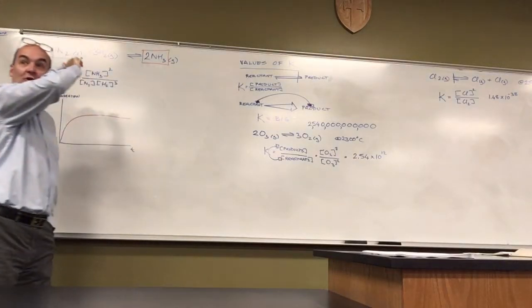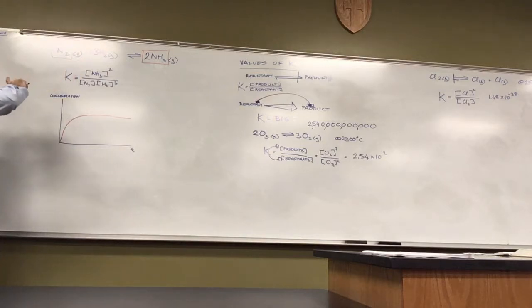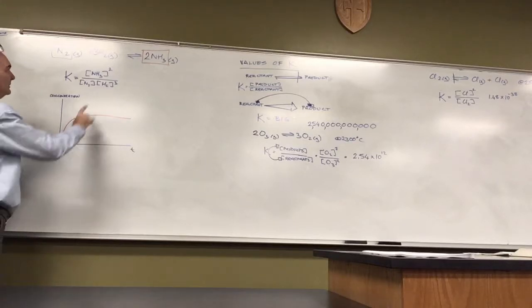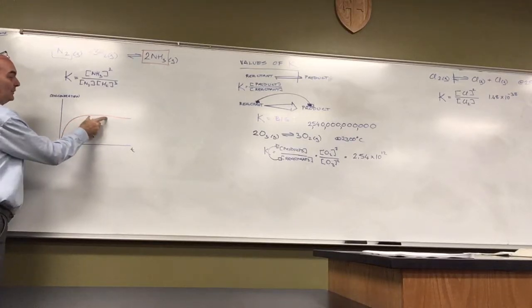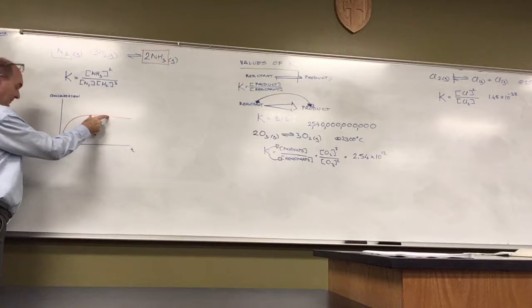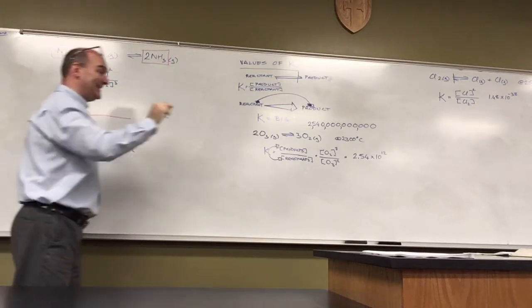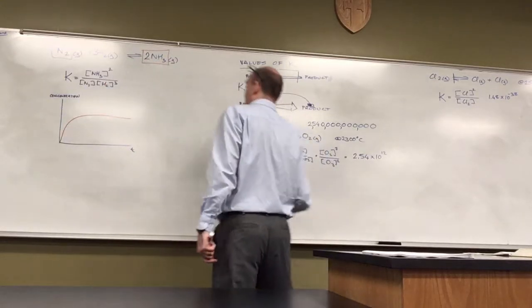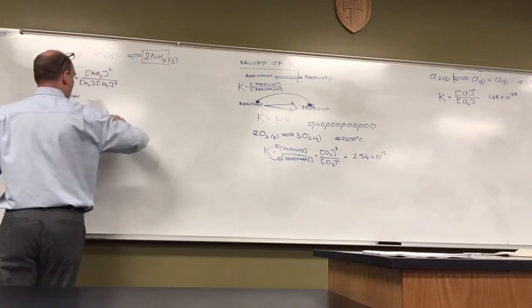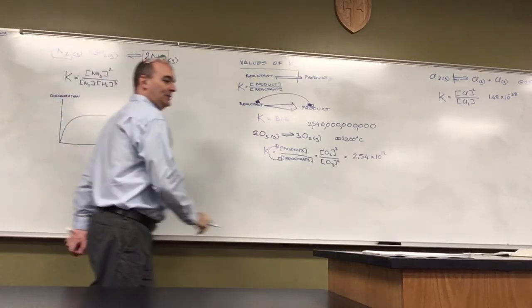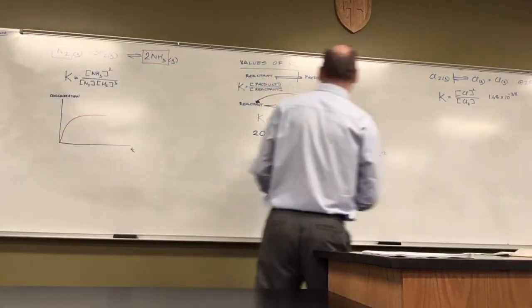Now, if your reaction goes to completion, it fades away to nothing. This reaction doesn't go to completion. This reaction is going to get to a point and then go into steady state where the concentrations don't change. So I can make that a little bit straighter. It's going to be flat.